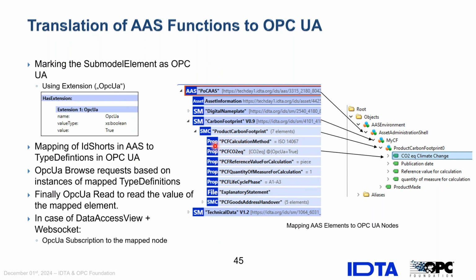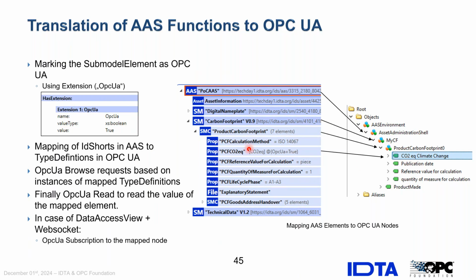So as I was saying, this PCF CO2 equivalent has the extension of OPC UA, and it is enabled as true. So that means the value of this CO2 equivalent has to be retrieved from the OPC UA information model. Now that we have identified the OPC UA backed element, the next step is naturally to identify the corresponding node in the OPC UA information model.